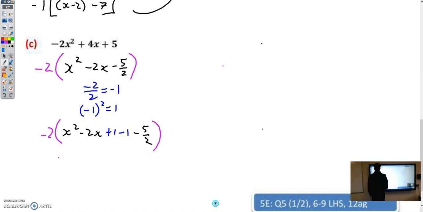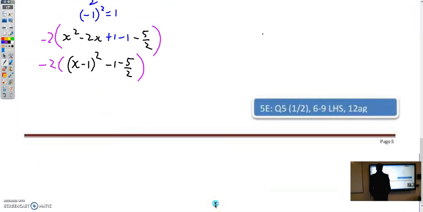From this point, we are going to complete the square. So we will leave our minus 2 out front. We will end up with x minus 1 squared minus 1 minus 5 on 2. We're going to collect our like terms at the end. So we have minus 2 outside of x minus 1 squared.